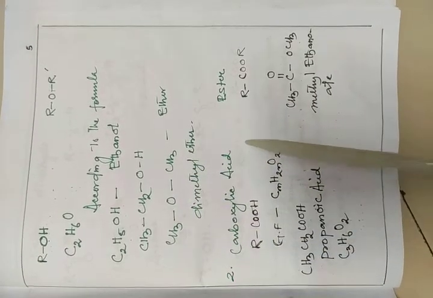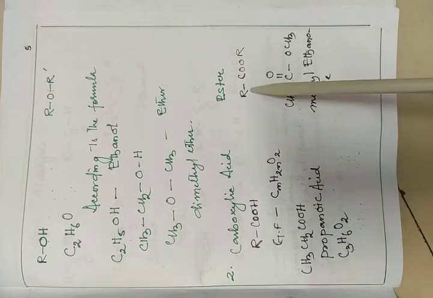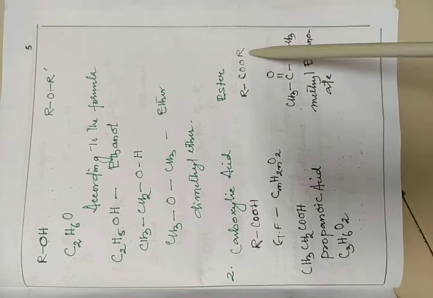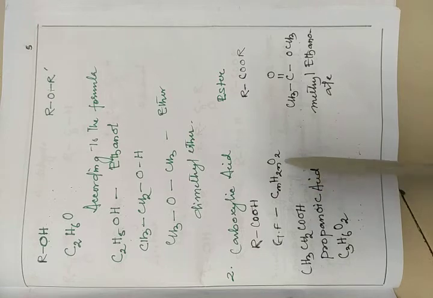Now carboxylic acid and ester have the same general formula. The carboxylic acid is RCOOH, then the ester is COOR. Now the general formula is CnH2nO2.